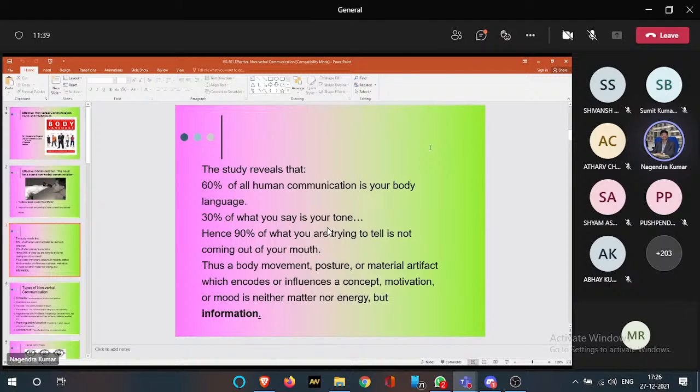And the studies that they have conducted reveal that 60% of all human communication is our body language and 30% is tone. So hence 90% of what you are trying to tell is not coming out of your mouth. It is coming from somewhere else.